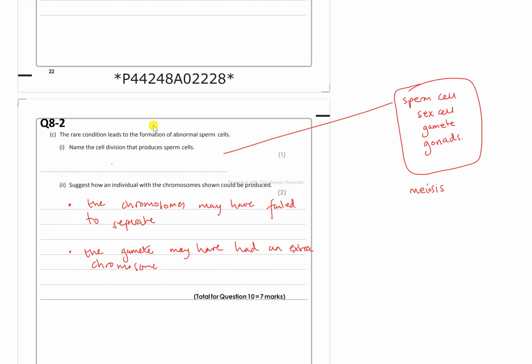So it shows up. You could have a normal egg fertilized by an abnormal sperm.